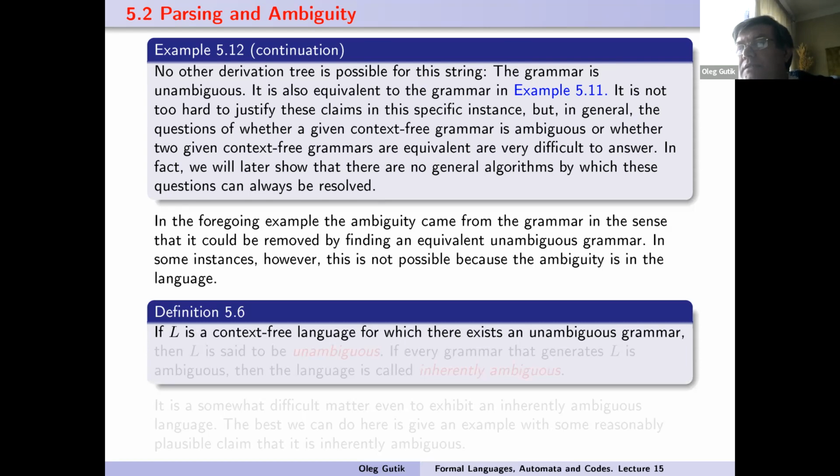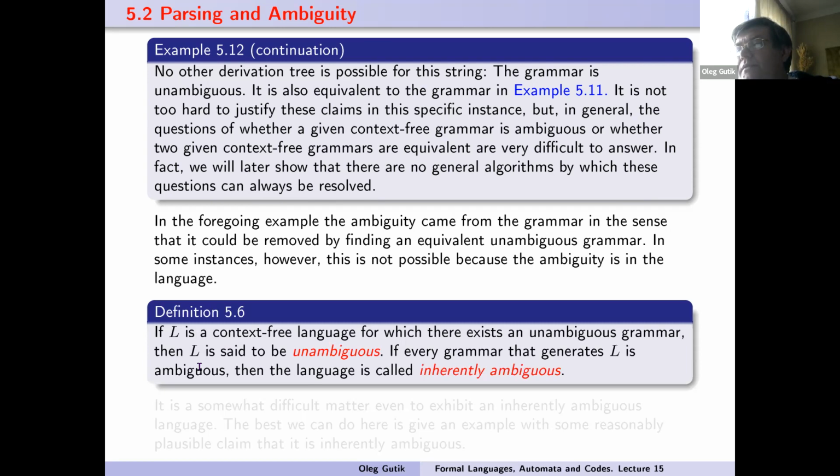If L is a context-free language for which there exists an unambiguous grammar, then L is said to be unambiguous. If every grammar that generates language L is ambiguous, then the language is called inherently ambiguous. It is a somewhat difficult matter even to exhibit an inherently ambiguous language.